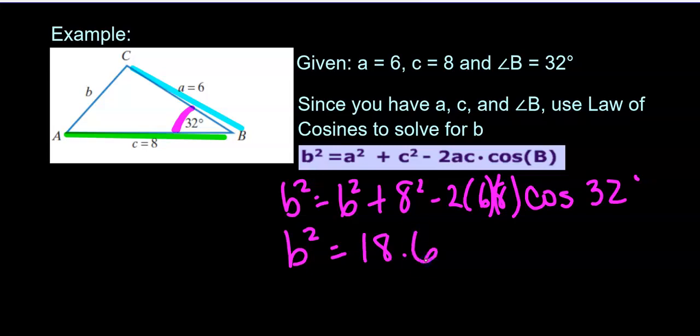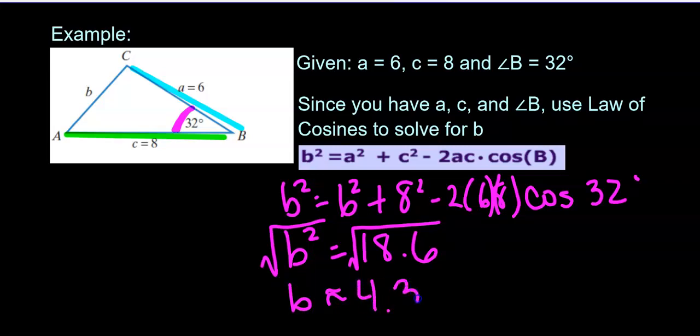But then what do we have to do? We have to take the square root. And once I take the square root of that value, I should get that b is approximately 4 and 3/10. Okay, so that's my value that I get for b.